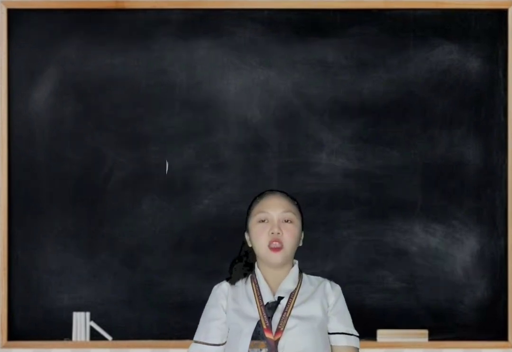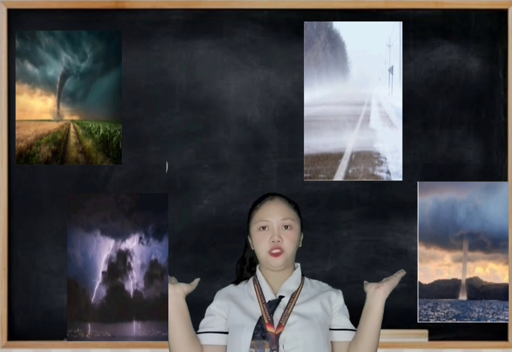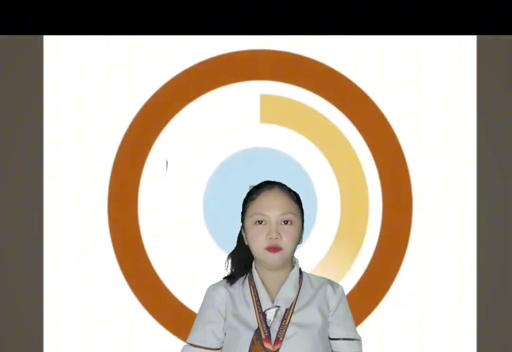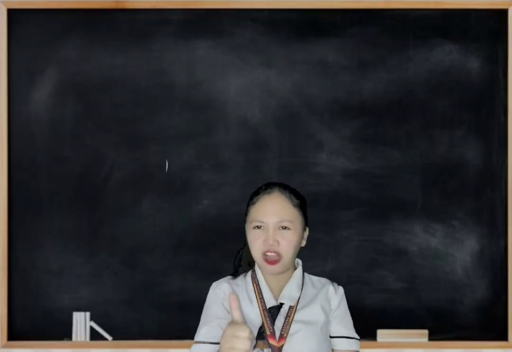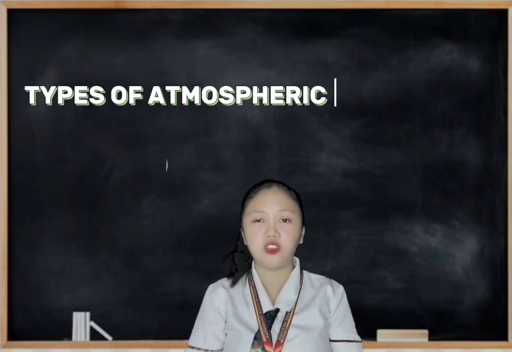Guess me. I have here some pictures, then observe each of the pictures. Based on your observation, how will you describe the pictures? Okay, very good. The picture shows the types of atmospheric phenomena.